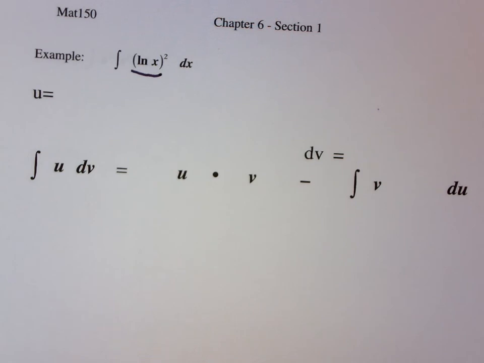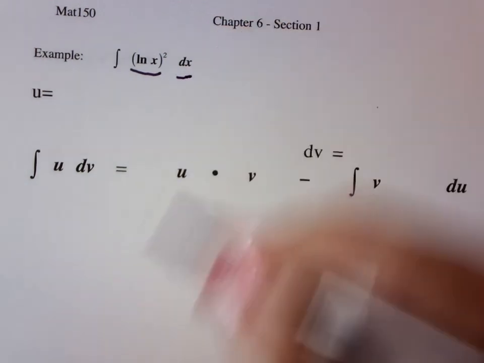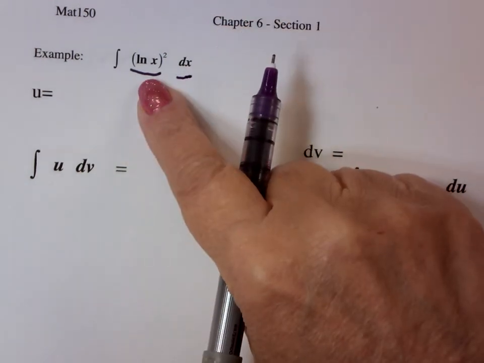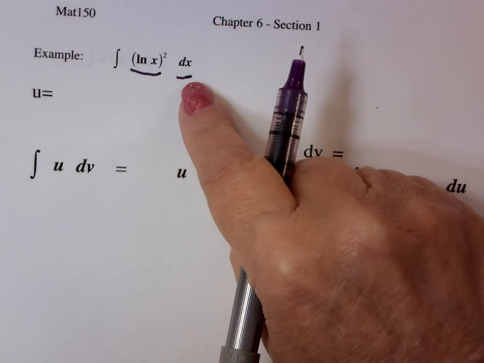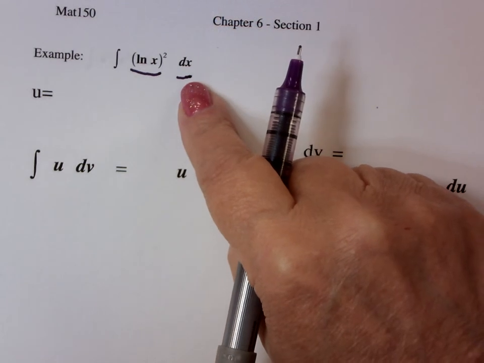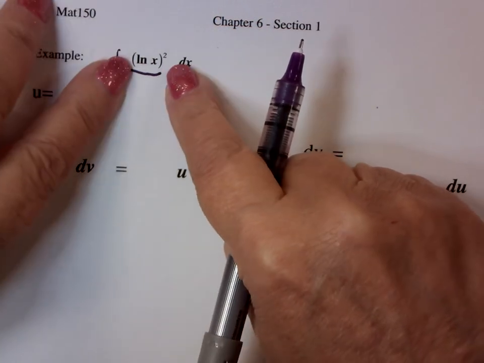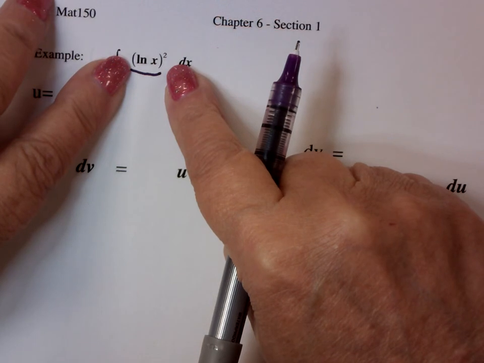So that says that thing is natural log times natural log. Can't do anything with it. So my two things are just dx and natural log of x quantity squared. Well, if that's dx, that's got to be integrated, which means that this is the thing that's left to be differentiated. And here's the problem.